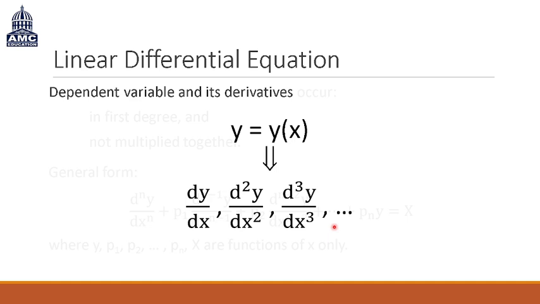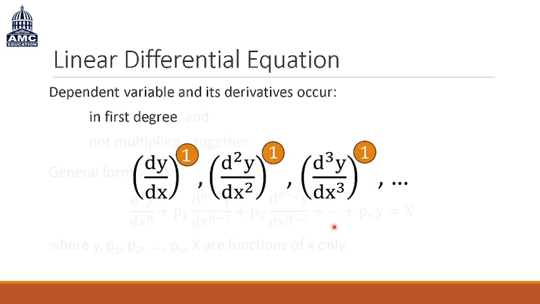Okay, now the linear differential equation contains this y and dy/dx, d²y/dx², d³y/dx³, and so on. But in the linear differential equation, the degrees of y, dy/dx, d²y/dx² should all be equal to 1. If these become more than 1, or even if just one of these numbers is not equal to 1, it becomes non-linear.